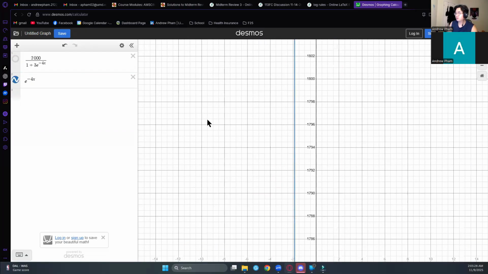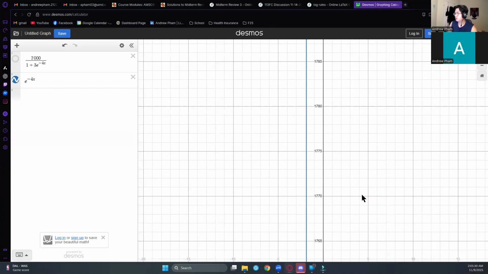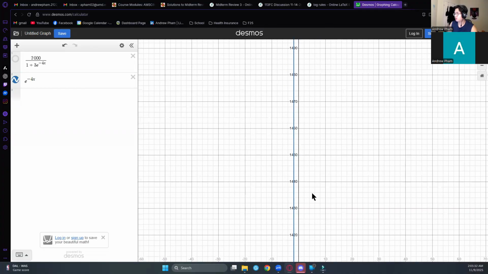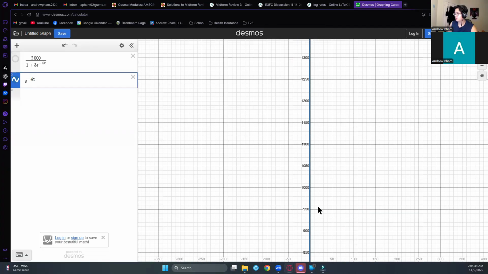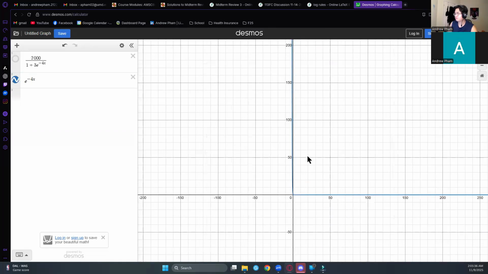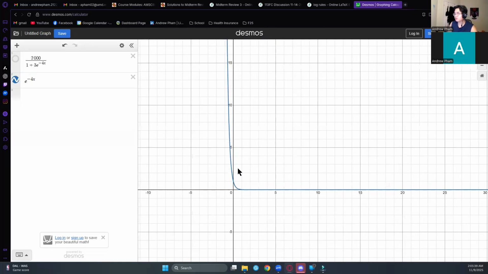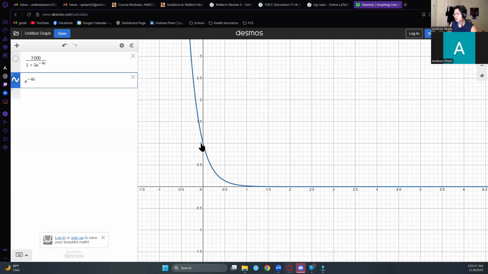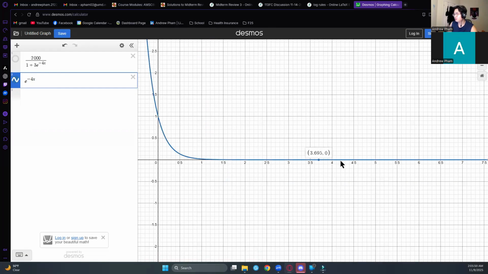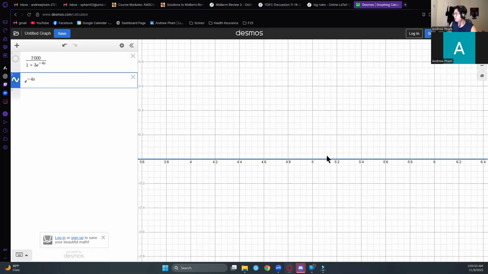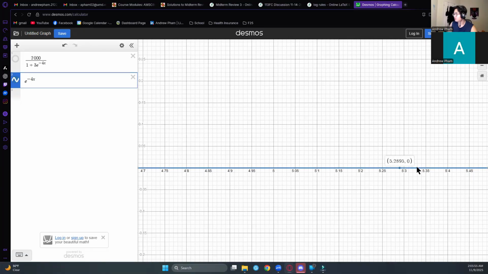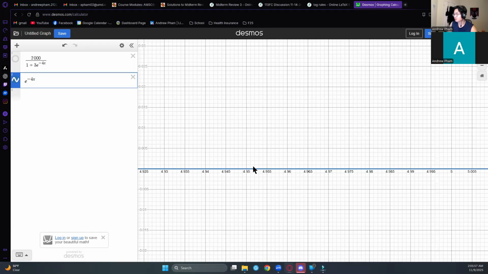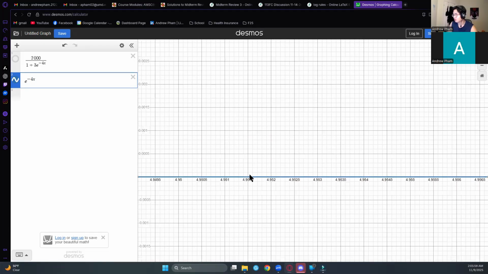If I zoom in, you can see that as you increase x, I'm taking x to be t in this case because Desmos can't recognize t as a variable, it gets really, really small really quickly. It says zero, but there is computational error. It's not actually zero.